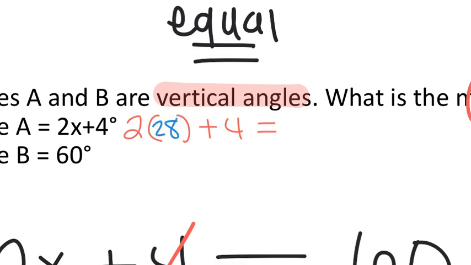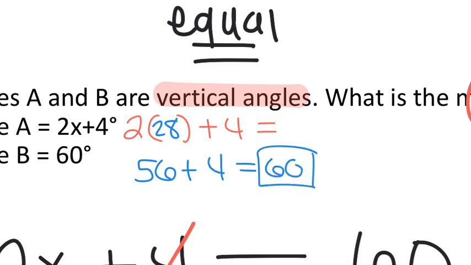And then we would end up multiplying. 2 times 28, and we get 56. 56 plus 4 is 60. And again, this would be the answer for the measure of angle A if you were to need it.